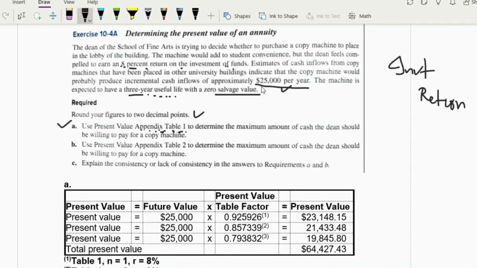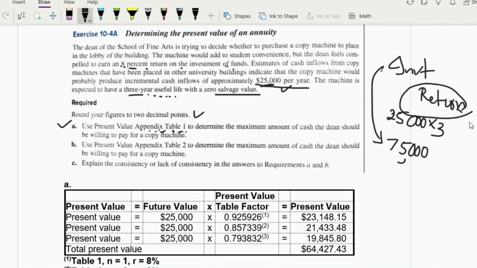So every year this machine will be giving 25,000. If we do not have any concept of time value of money, we can multiply this 25,000 with 3 and we will get 75,000. So he should not invest more than 75,000. He should invest less than 75,000 because the money inflow which this machine is bringing is 75,000.